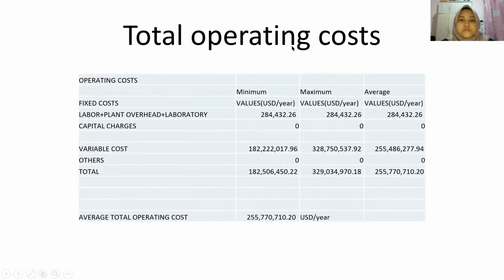So for the total operating cost, which includes the labor plus plant overhead plus lab capital charges, variable costs, the total operating cost that we get, the minimum is around 255 million USD per year.